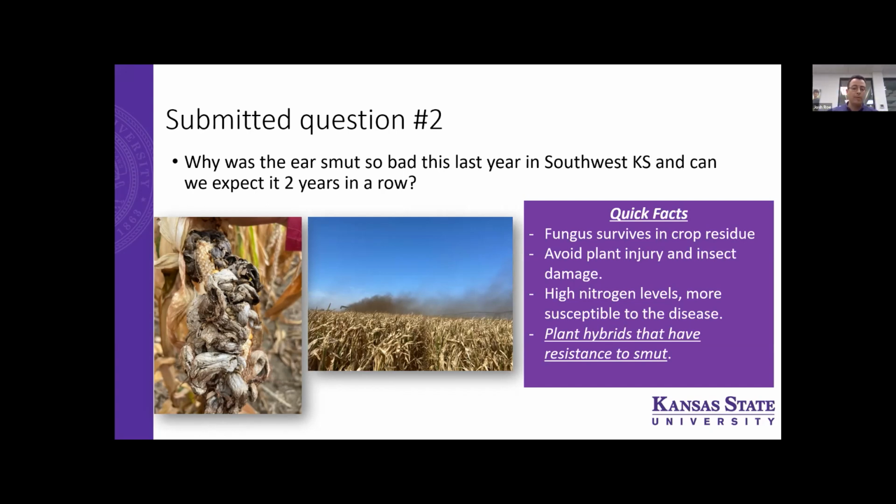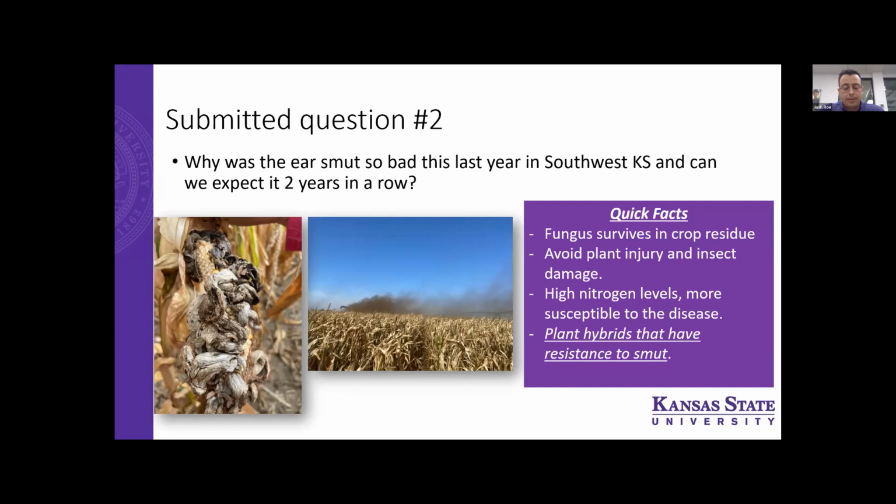When we look back and try to understand what was happening there, a couple of things happened, right? One is starting with a susceptible hybrid. If you choose a good hybrid with resistance to corn smut, that should help, I would say 90%, just selecting the hybrid, right? Early in the season, corn was around V6, V8.